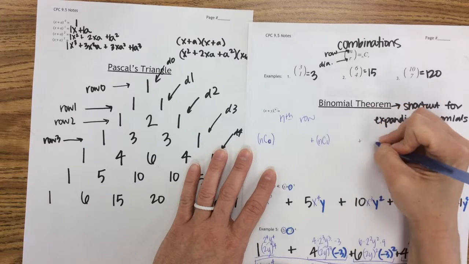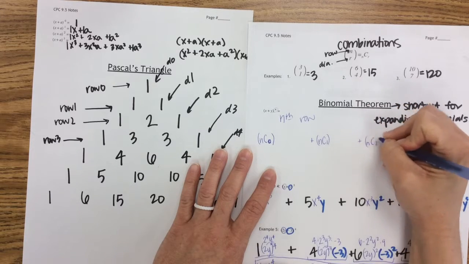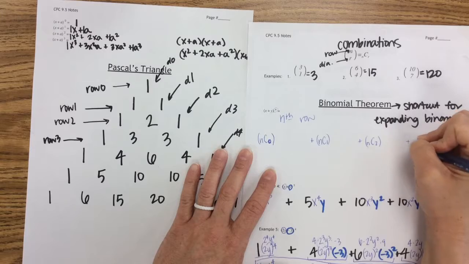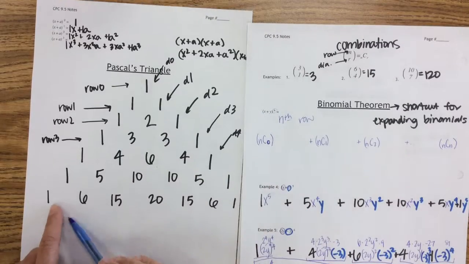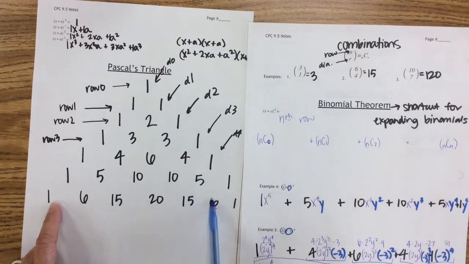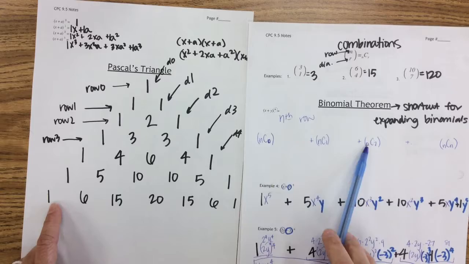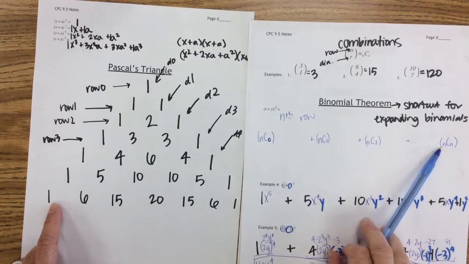And then nC1. And then nC2. And then you'll keep going until you get to nCn. So again, that is going to be Pascal's triangle. All of these are combination answers, so you can write them as combination questions.